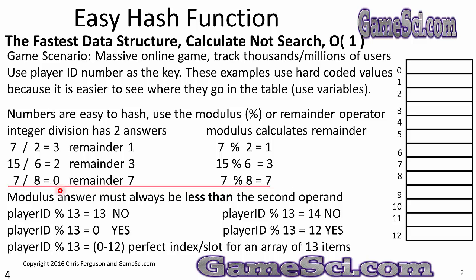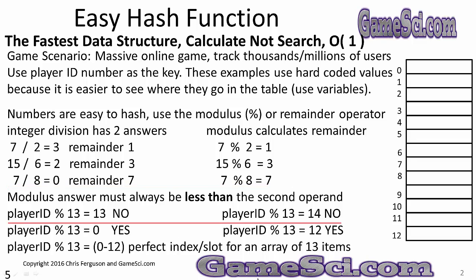But when using integer arithmetic, it would have a remainder of 7. So then 7 modulus 8 equals 7. Simple. Calculate the remainder after doing division. That's all the modulus operator does.